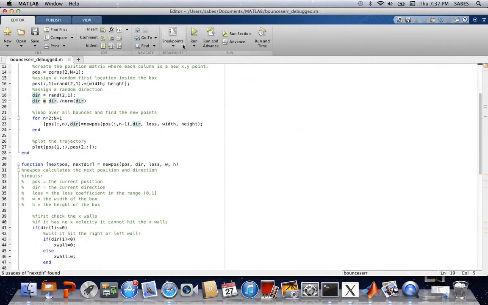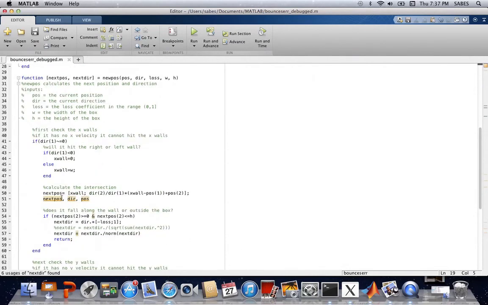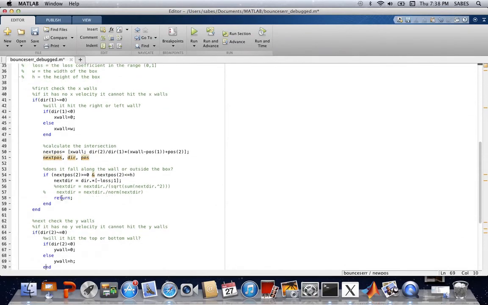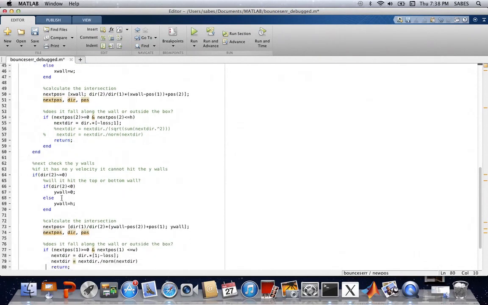You can also use the debugging feature of MATLAB. So for example, let's comment this out so that we can regenerate the problems.